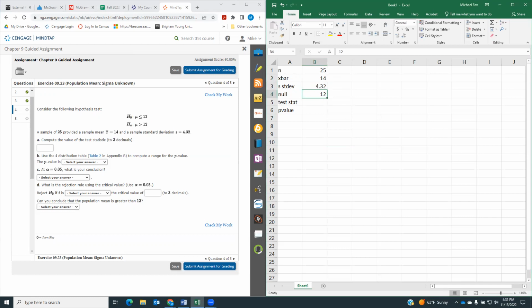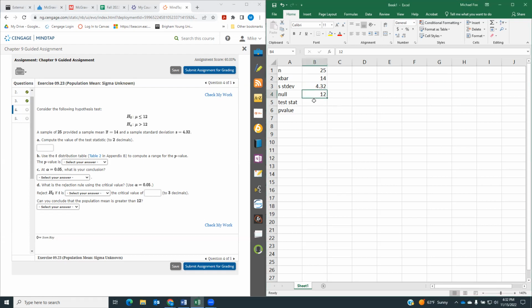Okay, so the formula for the test statistic is pretty much identical to the one for the other one-tailed test, except instead of sigma, the population standard deviation, we'll use S, which is the sample standard deviation. In every other way, it is identical. I'm scrolling through the book right here just to show you. Okay, so it's the same exact thing.